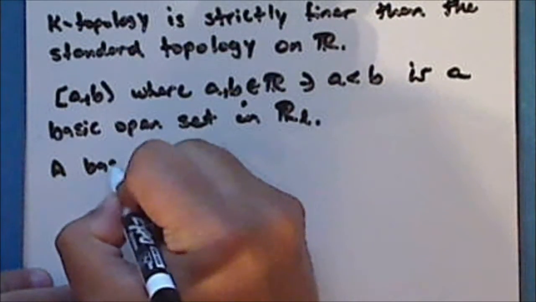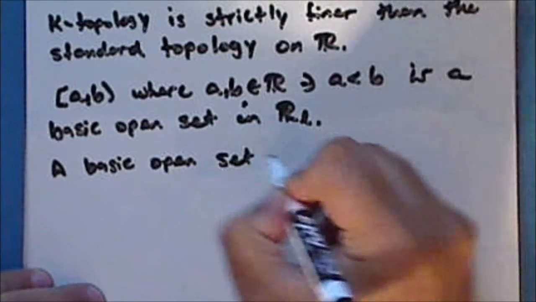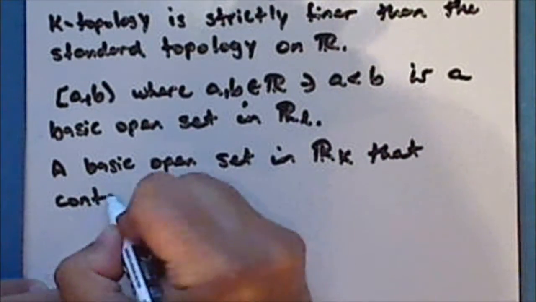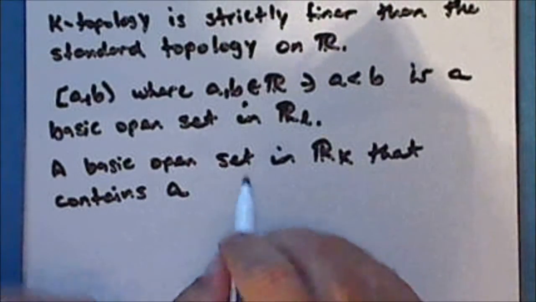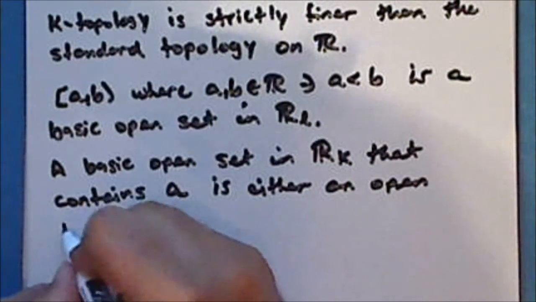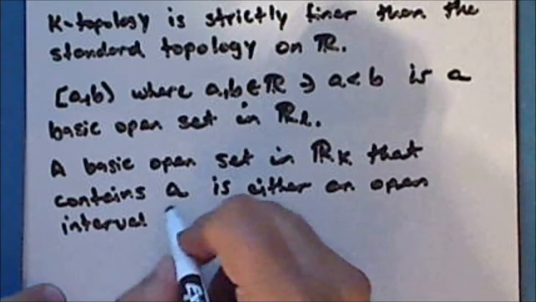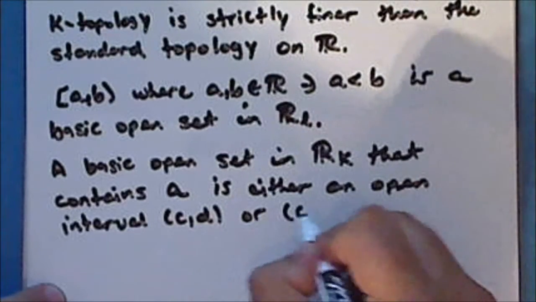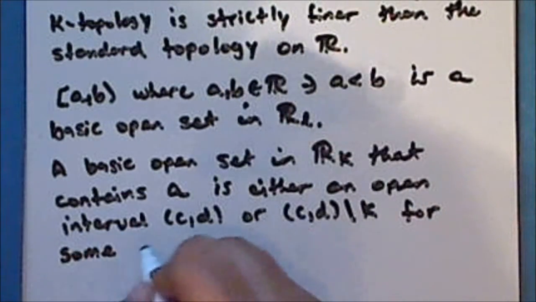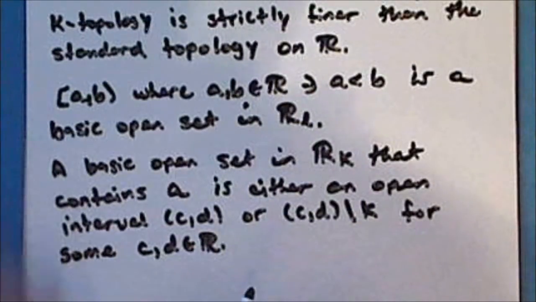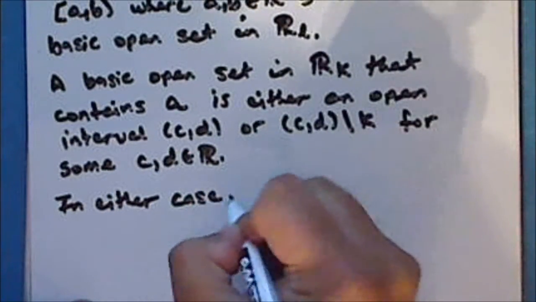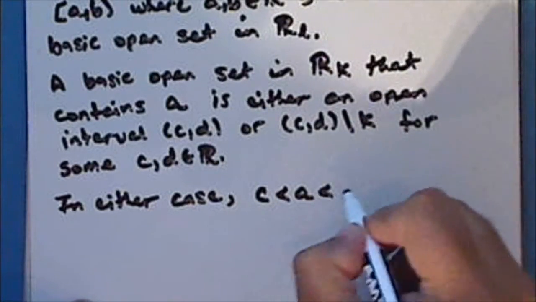Now, a basic open set in the space of reals with the K topology that contains the point A is either an open interval from C to D, or the relative complement of the set K in the open interval from C to D, for some real numbers C and D. In either case, C is less than A, which is less than D.